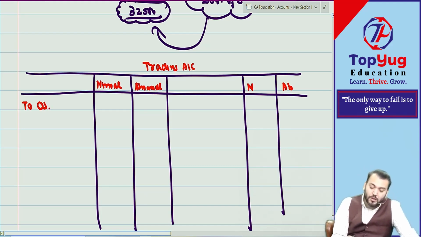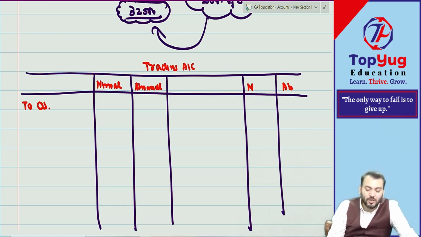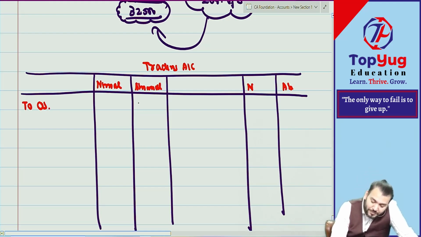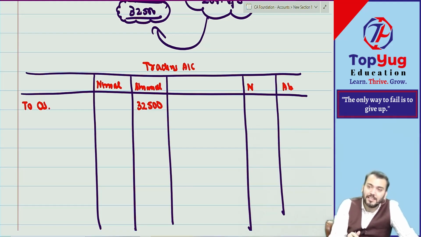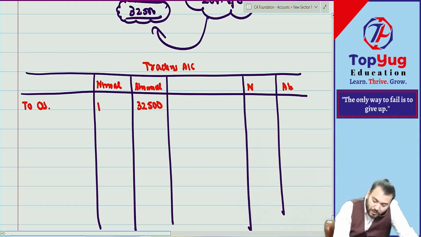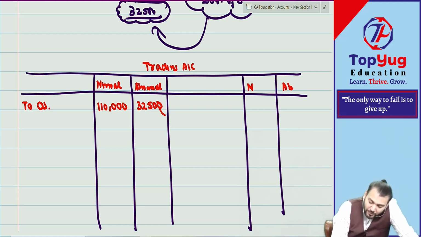Opening stock, how much is the abnormal value? Total opening stock is given. How much is the value of slow moving item? So 32,500 will come here. And what is the value of normal item? 1,10,000. This you understood? Then this was sold at what price?